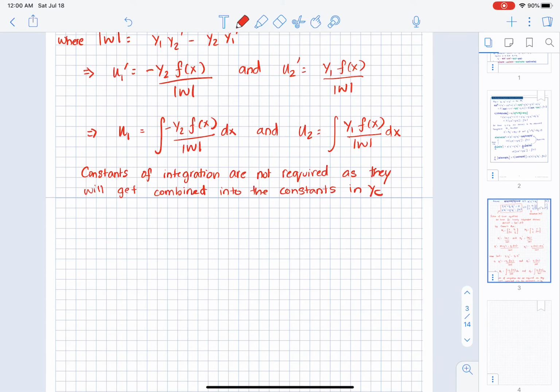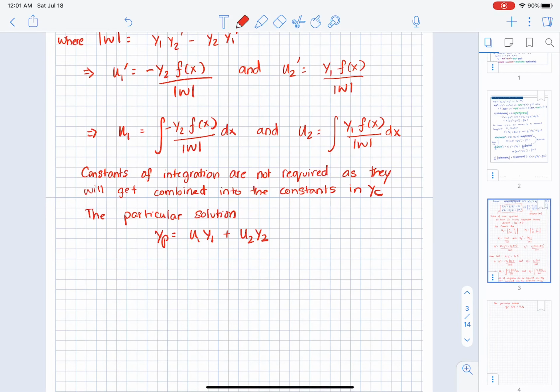They simply will. So what is the particular solution? The particular solution yp is simply u1 y1 plus u2 y2.